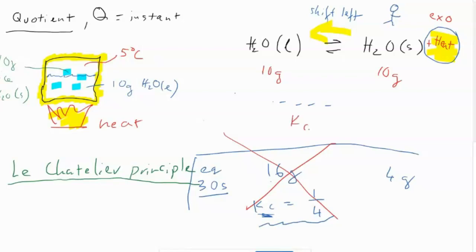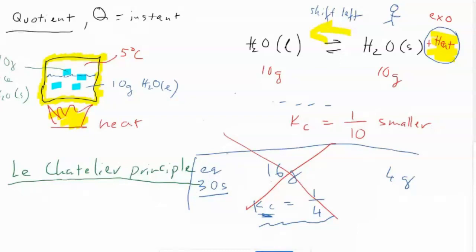Your Kc is going to get smaller, and depending on how much heat you're putting in, maybe it will come down to 1/10 or 1/20, whatever, smaller. Kc would become smaller. Kc is product divided by reactant. So that's Le Chatelier principle.